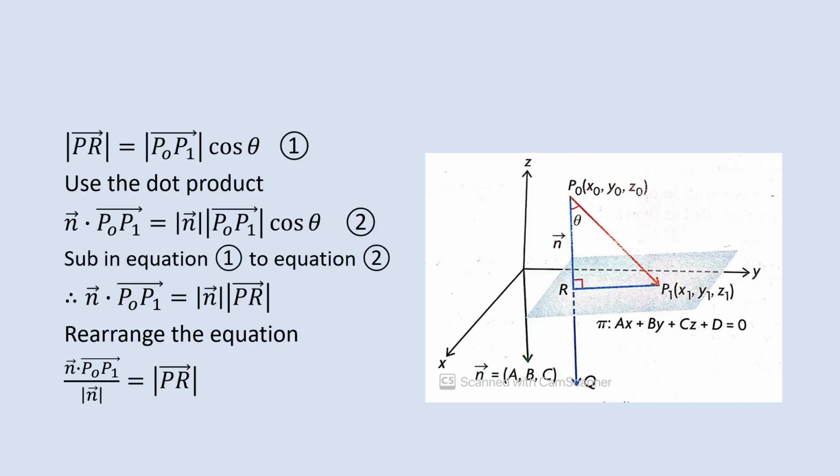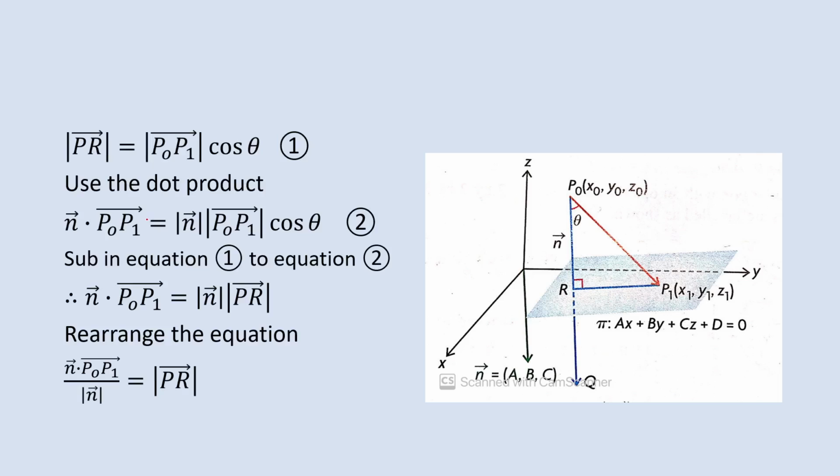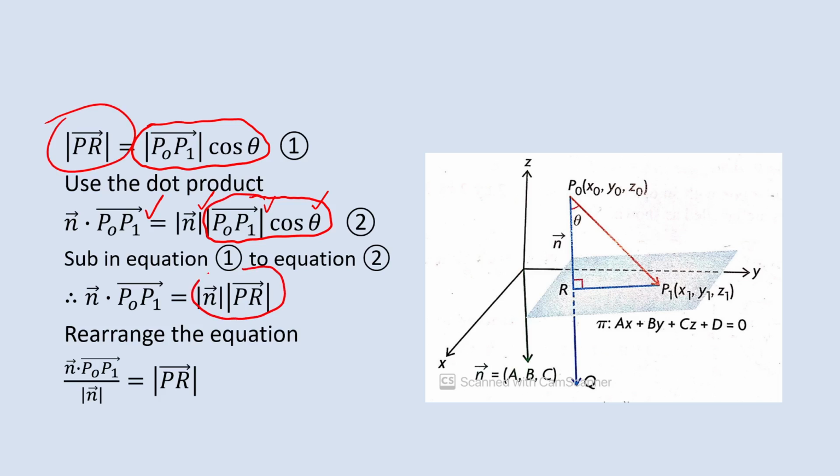Okay? Now, we're going to use the dot product next. We know that the normal vector dotted with P naught P1 is going to equal the magnitude of the normal times the magnitude of P naught P1 times the cosine of theta. So what we can do is simply, instead of saying magnitude of P naught P1 cos theta right here, we can just replace that with the magnitude of P naught R. And that's what we do in this next question.